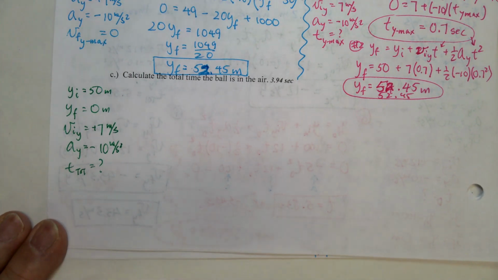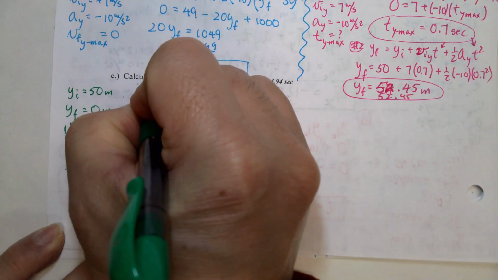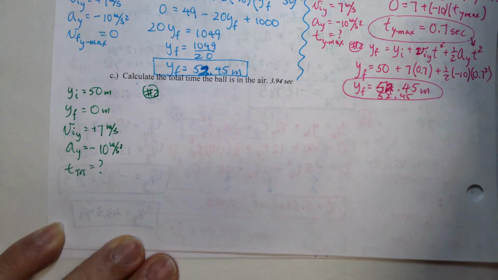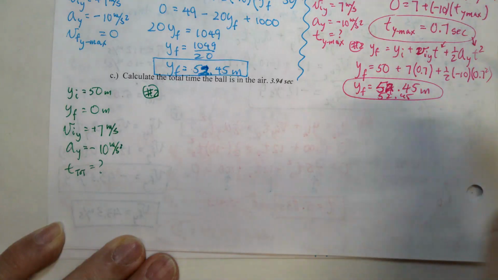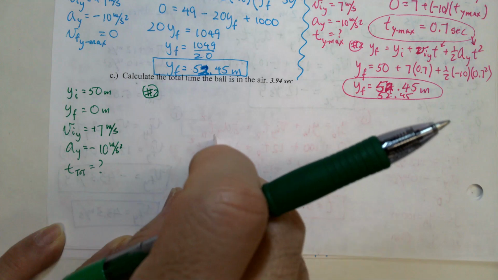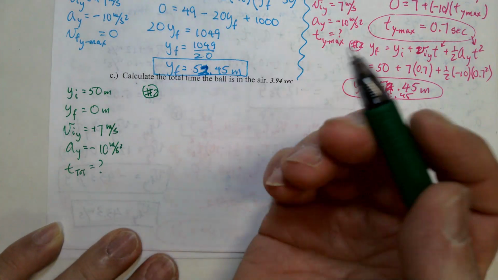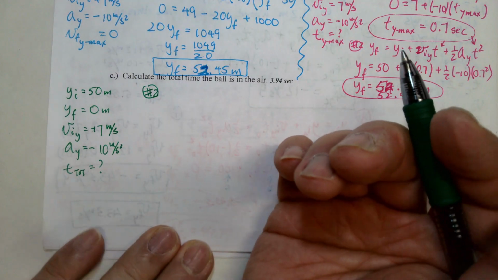So from here, it looks like I can use equation number 2. These are the same equations that you should have on the back of your calculator, taped up. Instead of x, we're using y's, basically.